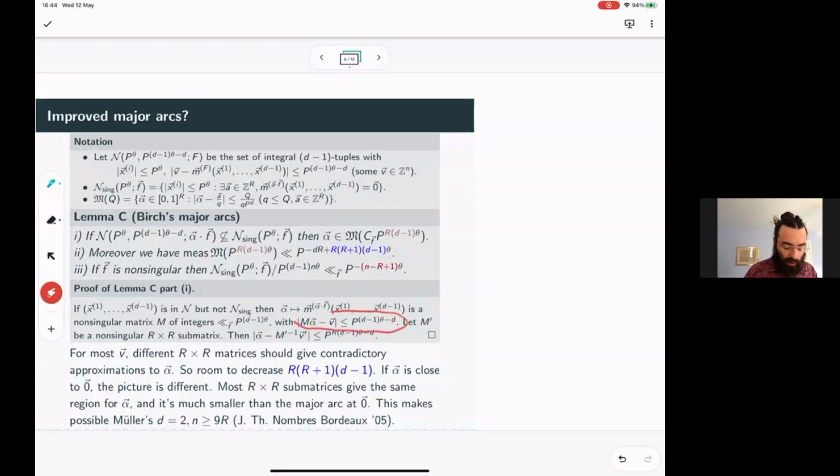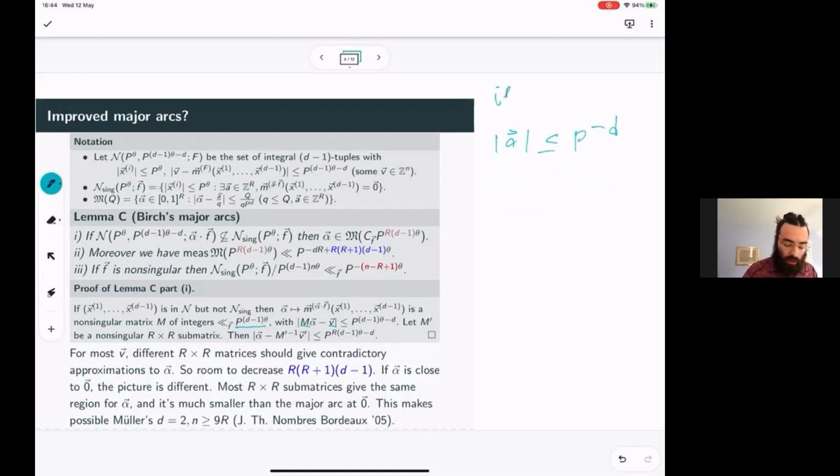So V is M. This region will just be the region where the elements of M are of size this big. For most matrices M, if V is 0, this region will just be this region. Alpha is at most p to the minus d here.